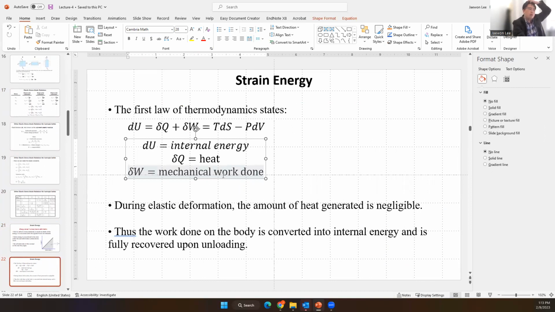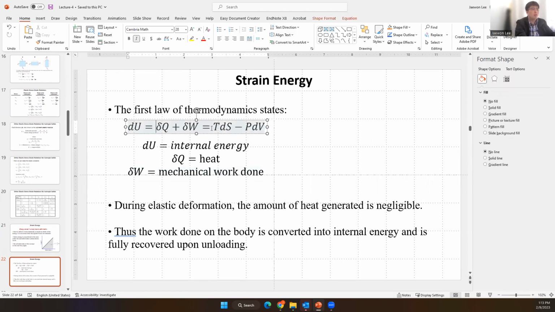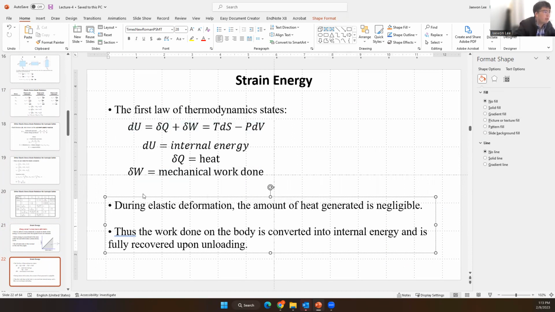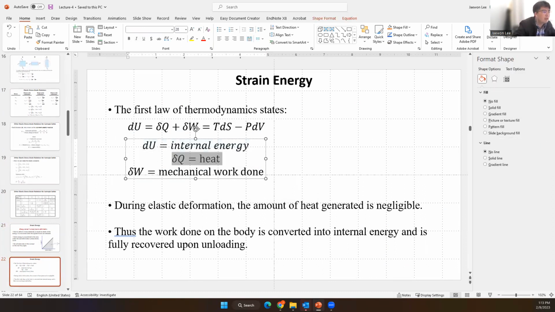I think you already know these relations: dU equals dQ plus dW, equal to TdS minus PdV. I think you already know the thermodynamic equations, right? Q is related to heat and W is the mechanical work we applied.